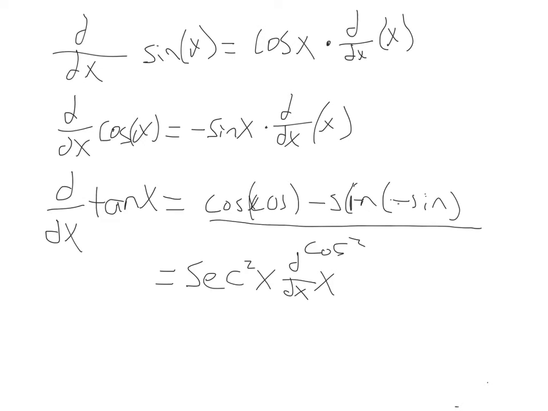The derivative of cosecant is equal to negative cosecant x cotangent x times the derivative of x. Remember we were talking about cofunctions a moment ago, and I said the derivative of a cofunction is going to be negative. Well, there it is. Negative cosecant times cotangent.